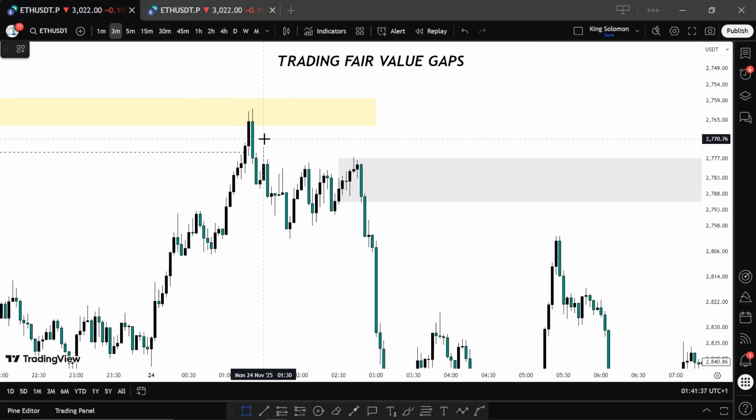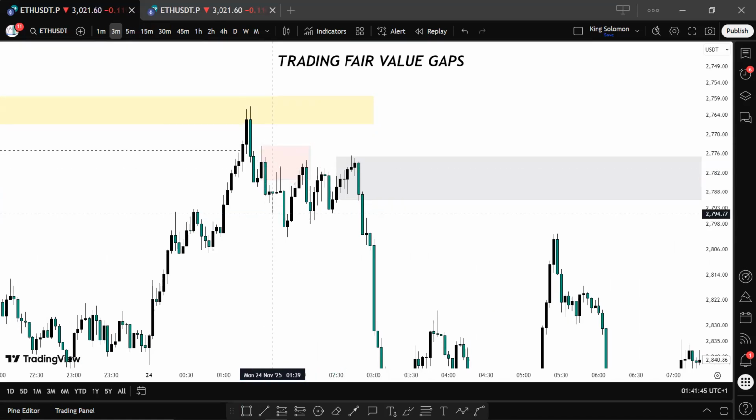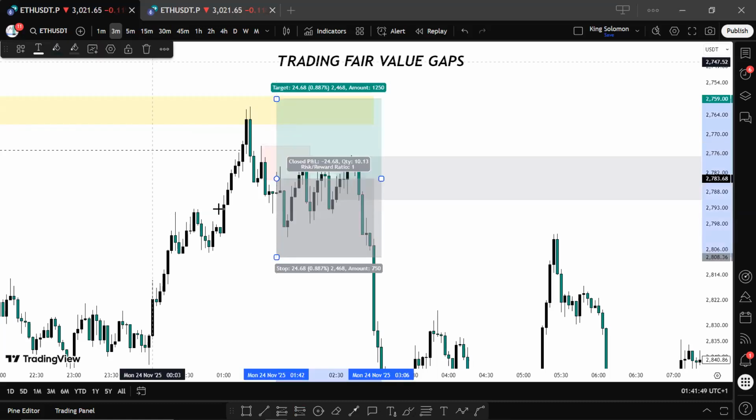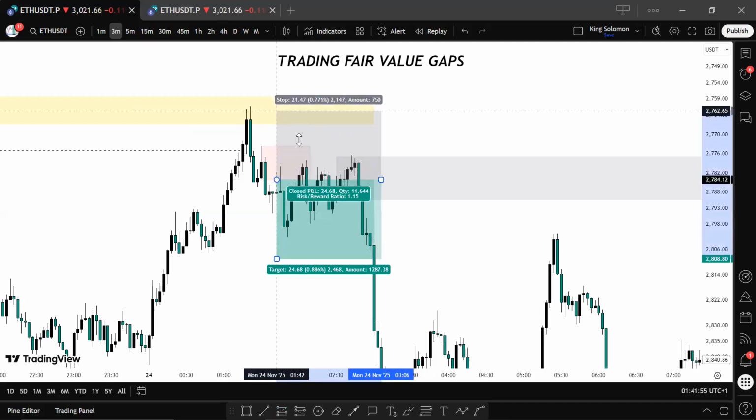From here I can see that this bearish candlestick is a supply zone, right? So price came down here and then I took a short from here with my TP just above here.